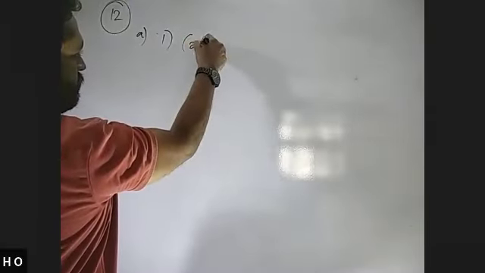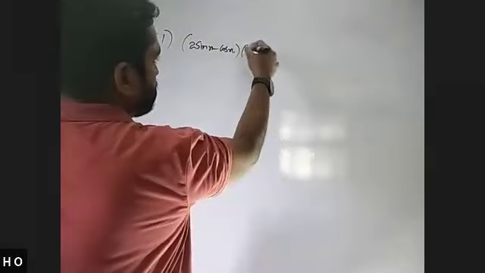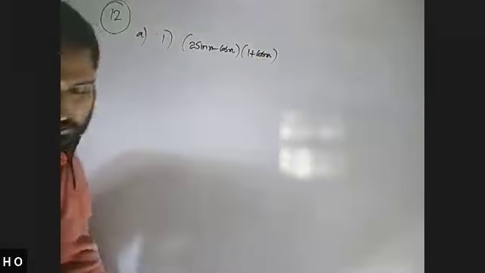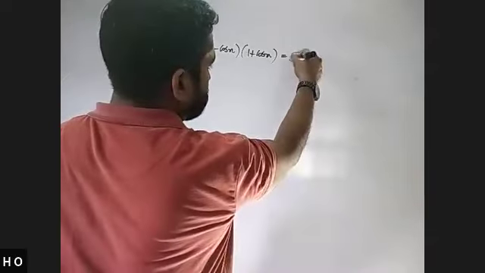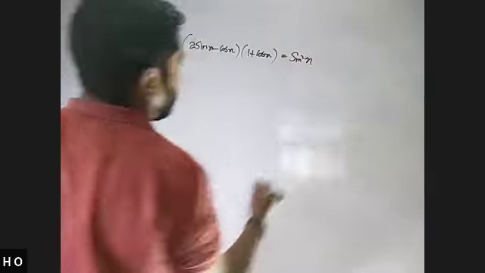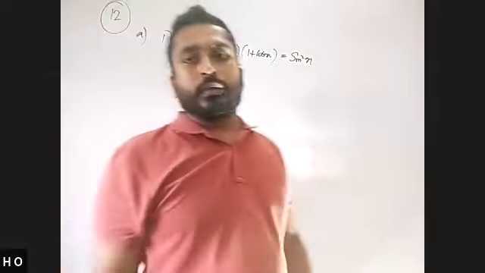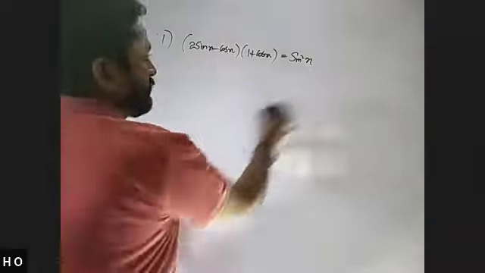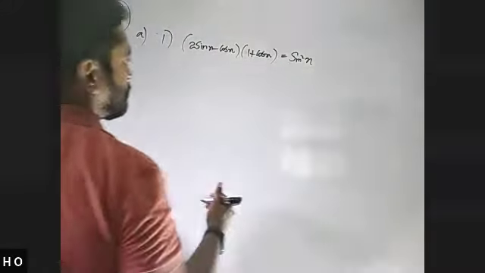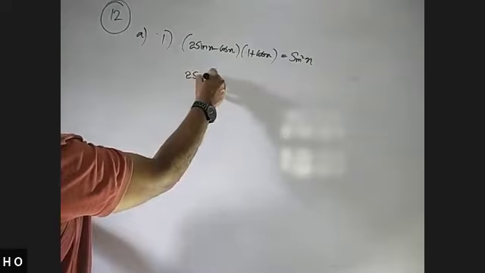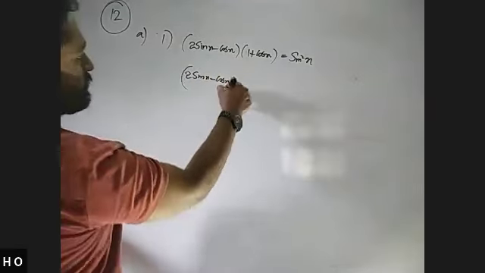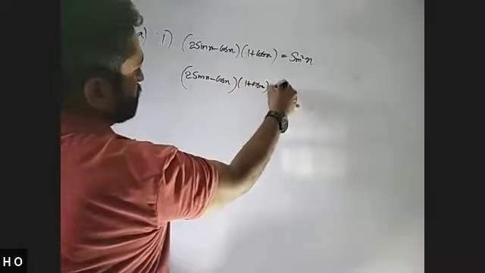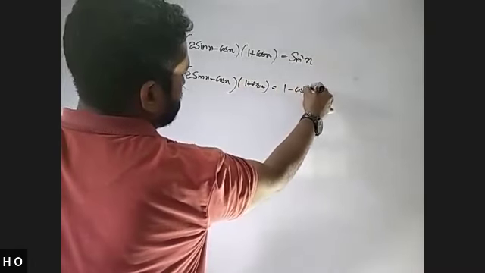2 sin x minus cos x into 1 plus cos x equals sin square x. By the way, in solving equations you have to factorize as much as possible to get an answer. Sin square is 1 minus cos square.